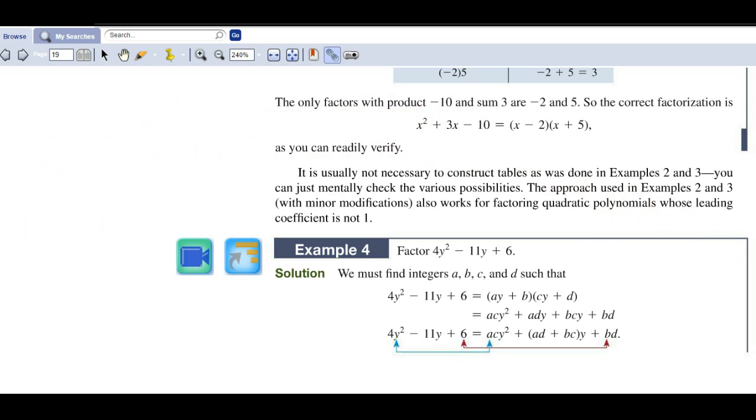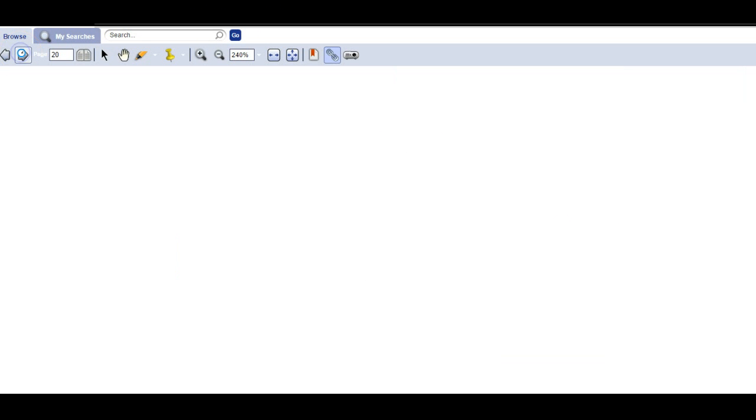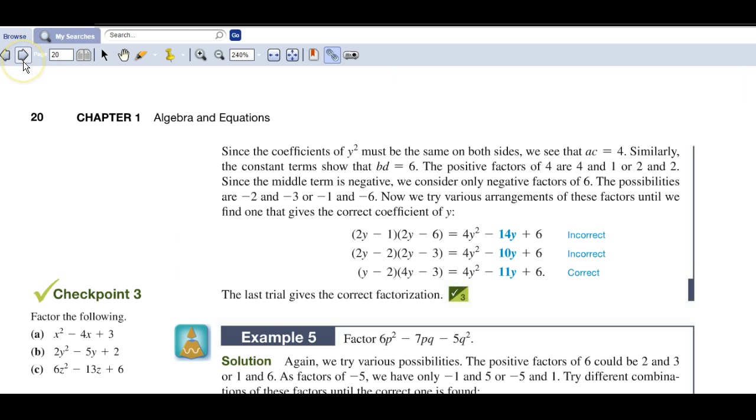And probably, if I went down here, well, that's the end of that page. Let's get to the next page there. We actually see it. Now notice they're showing us a variety of possible middle terms depending what factors we use.